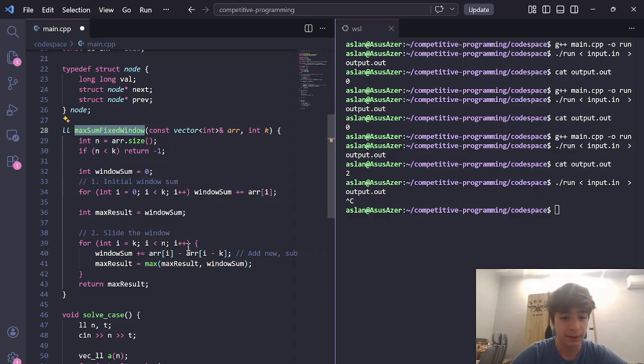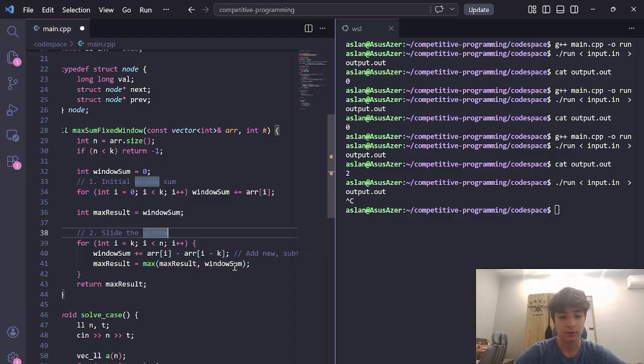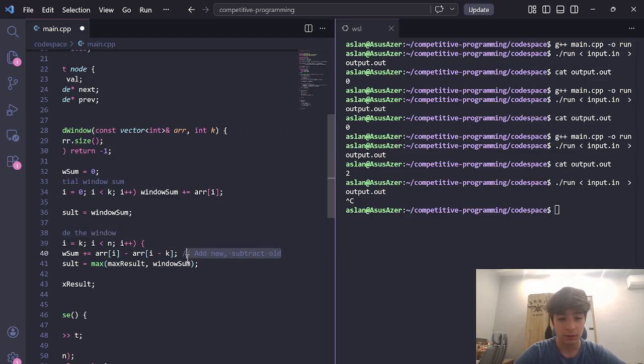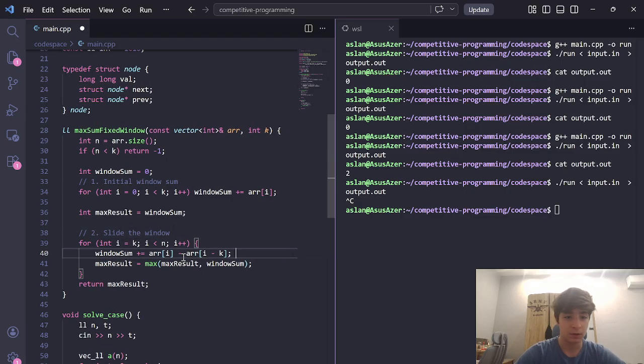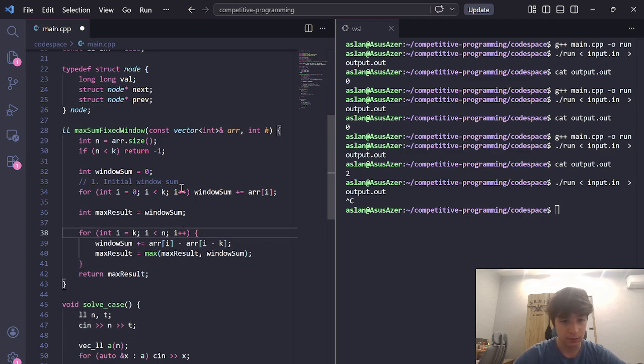Okay, so I find the max sum. But I need to find the max count. Okay, so how do I like to do this? Maybe first let's clean this code a little bit. I have right there long long and this is size. What the hell is going on?